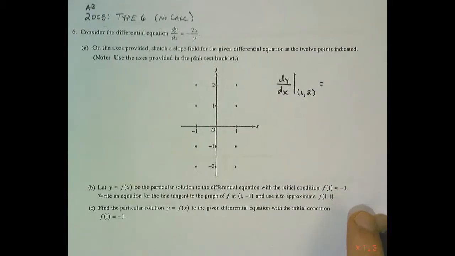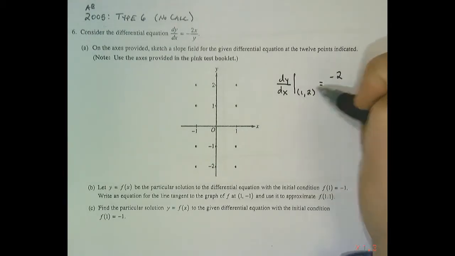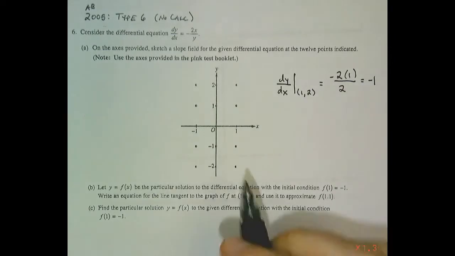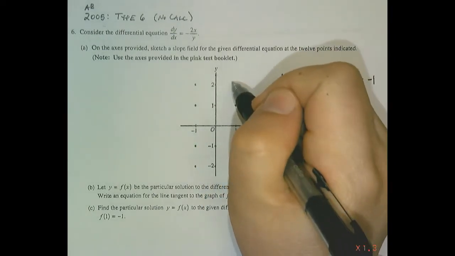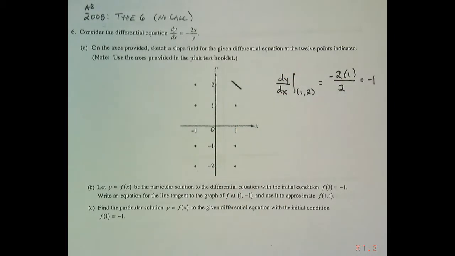So the way this is evaluated is I go to my slope equation and I plug in 1 for x and 2 for y, and I see that this has a slope of -1. So at the coordinate (1, 2), I draw a little tick mark with a slope of approximately -1.